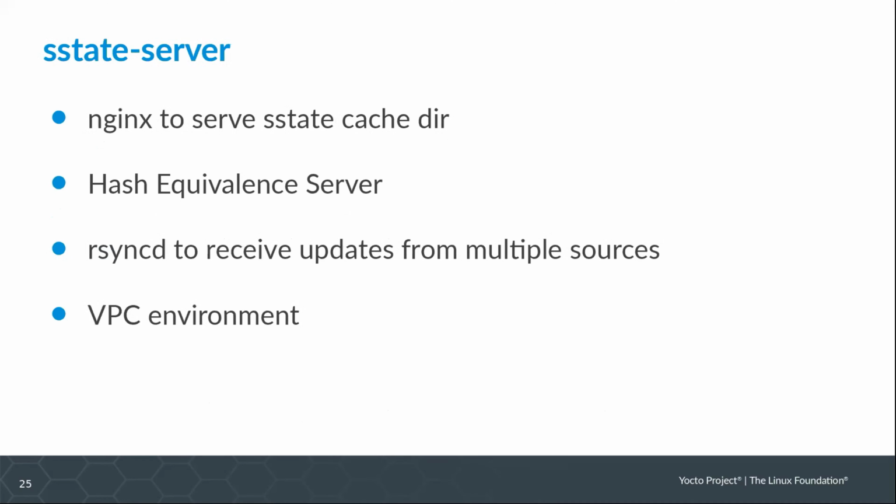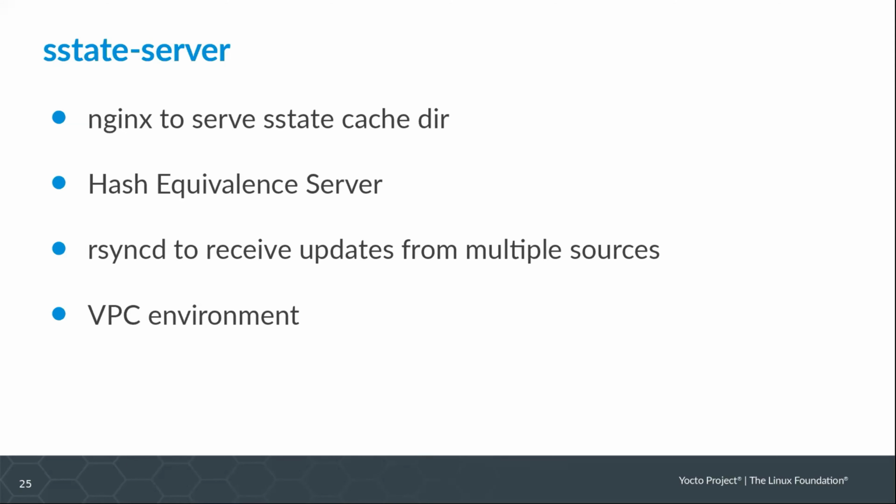As an sstate server, we have nginx to serve a cache tier. We have that hash equivalence server Ross was just telling about. And it's running an rsync daemon to receive updates from multiple sources. Multiple sources are those CodeBuild instances.